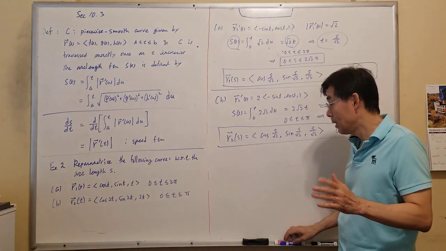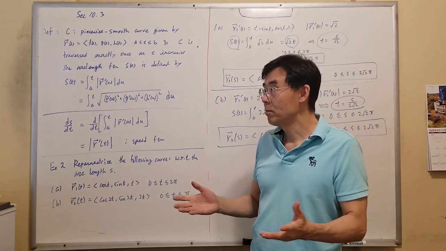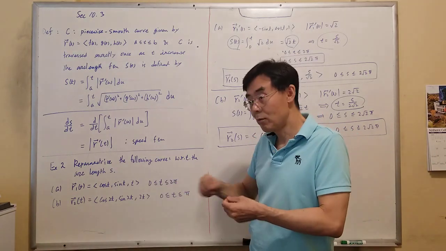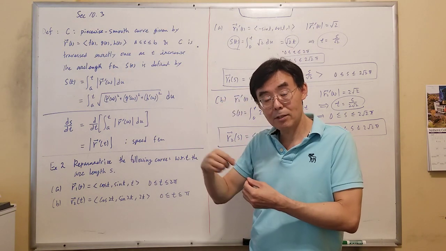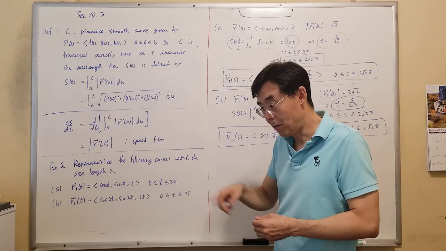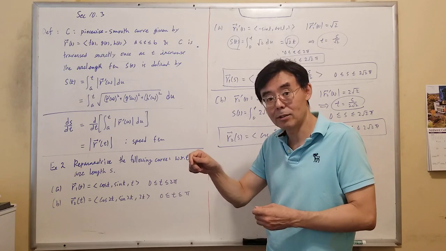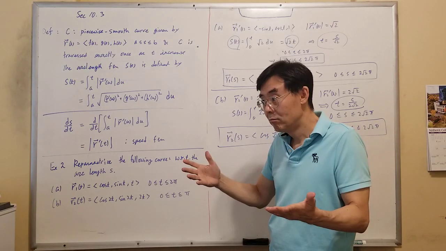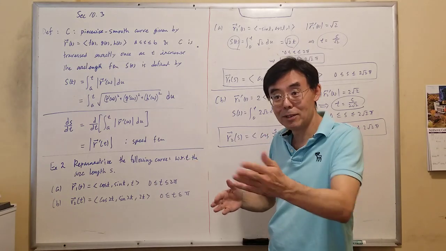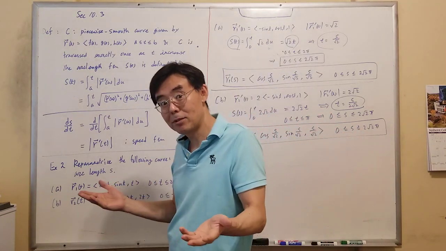This should be easy to understand if you think this way. They are representing the same curve. If it is the same curve, and I only measure the distance I travel so far and describe my position as a function of the distance traveled, that's the only one way, right? You can't have different positions for the same curve. After 1 meter, you should be in the same position, right?